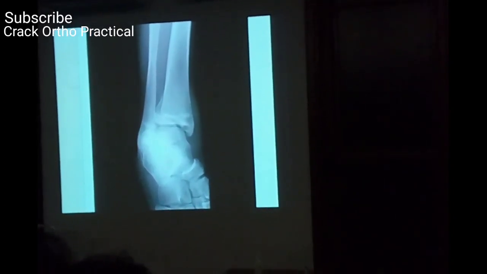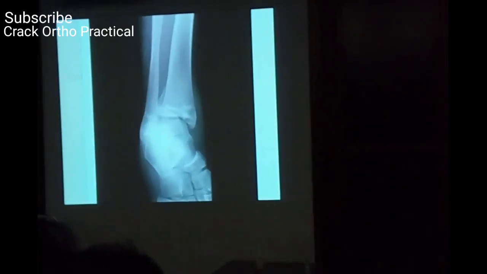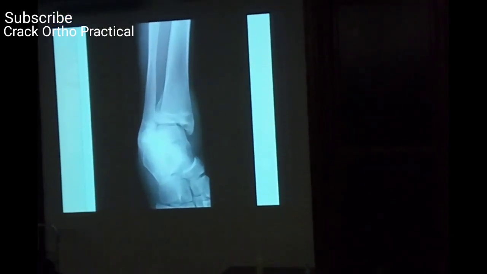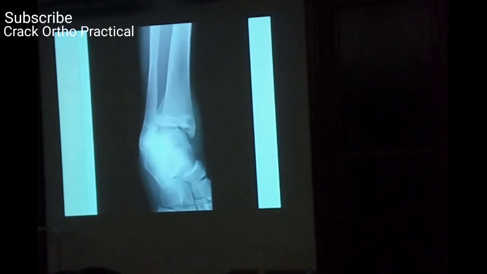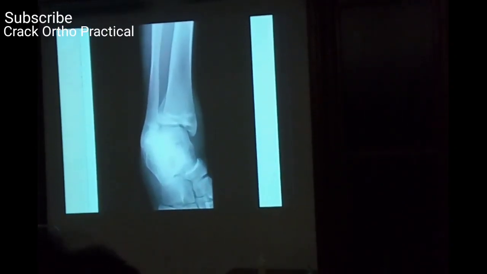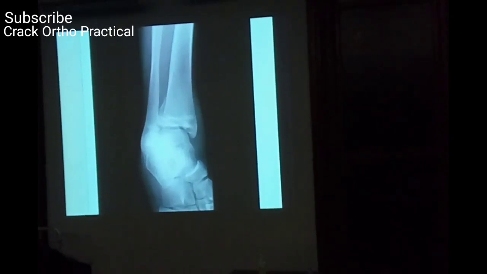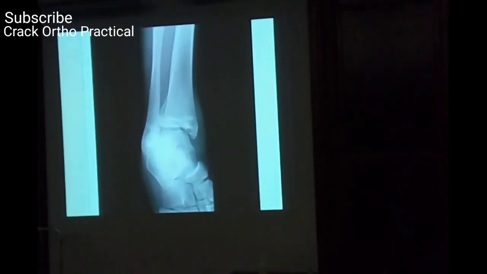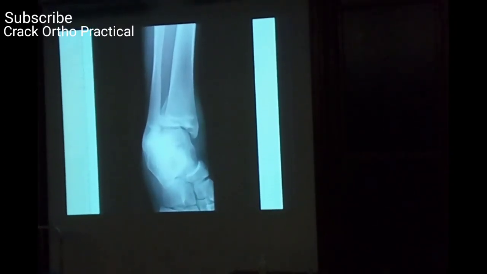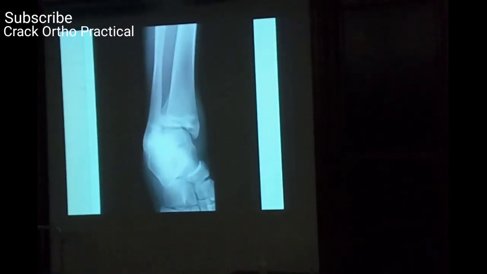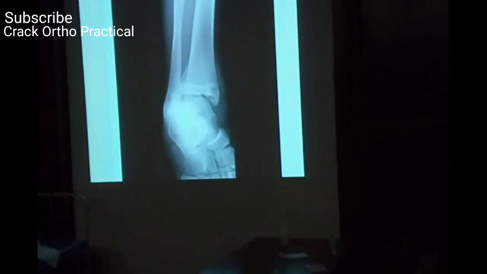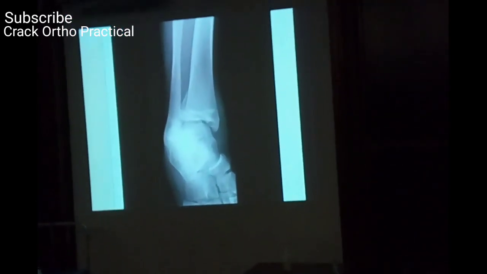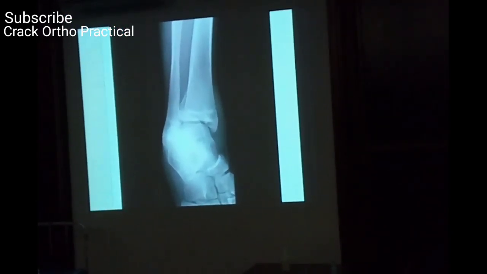It's basically a fracture in the coronal and sagittal planes both, and at the level of the physis also. And the third plane is missing. The third plane is the transverse plane, the physeal plane.